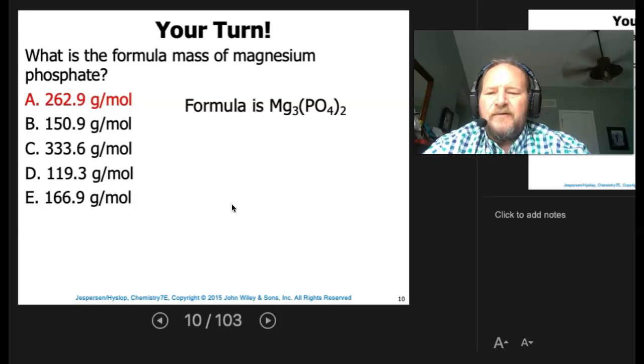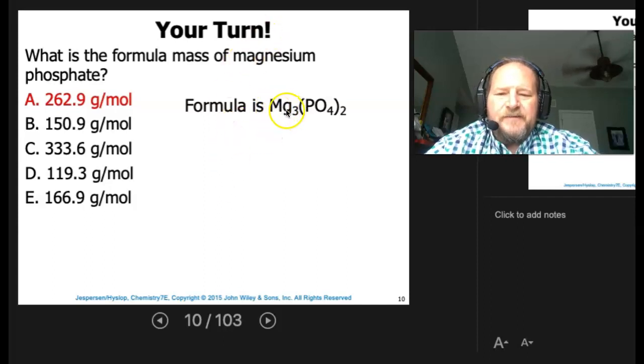Mg3(PO4)2, right? Magnesium we know is in group 2A, so that's a +2 charge. Phosphate, ATE tells us it's going to come from our polyatomic list, so it's going to be PO4. And we can also look up that it's a -3 charge, and then when we crisscross that, we'll have 3 magnesiums and 2 phosphates.